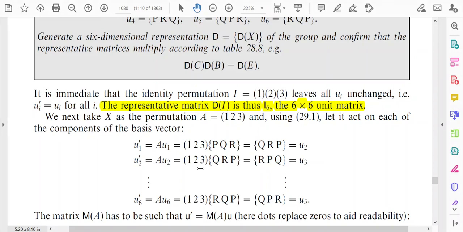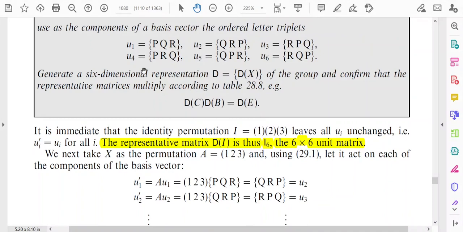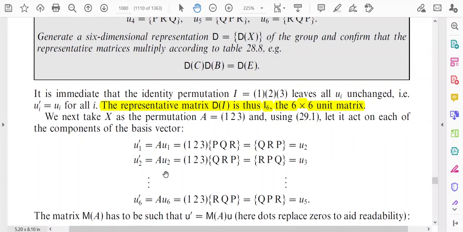And also think there is an arrow pointing from 3 to 2, so the third element, P, will come to the second position. Only Q is left, so we obtain RPQ. But as per the problem, RPQ is equal to u3. So we write u3, that is, A into u2 is equal to u3.